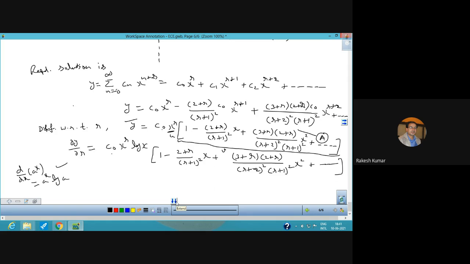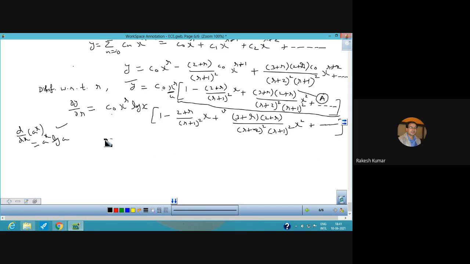Now plus u as it is. What is your u? Your u is c naught x raised to power r as it is. Now the derivative of the bracket term. Derivative of 1 is 0. This is your first derivative, and then the derivative of this term.